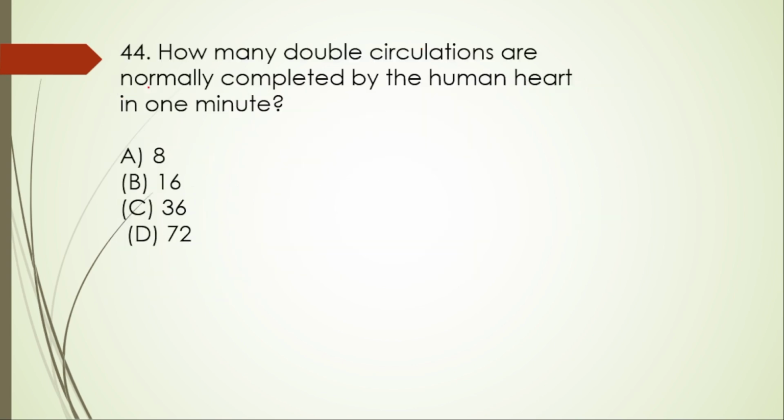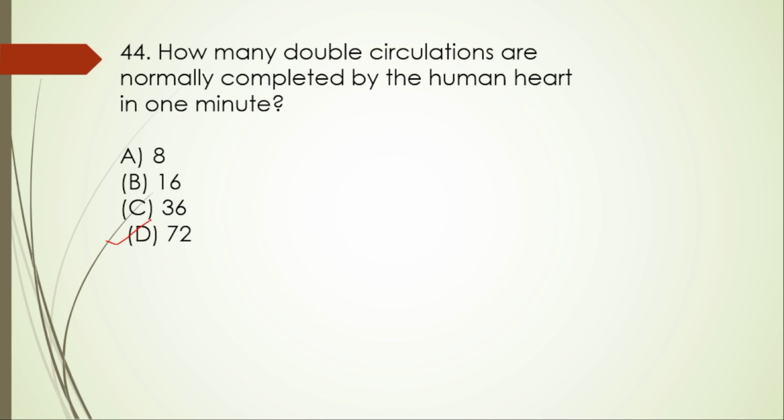44th question. How many double circulations are normally completed by the human heart in 1 minute? That is option A 8, B 16, C 36, and then D is 74. So here the right option is 74. Double circulation refers to the process where blood passes through the heart twice for every one complete trip around the body.